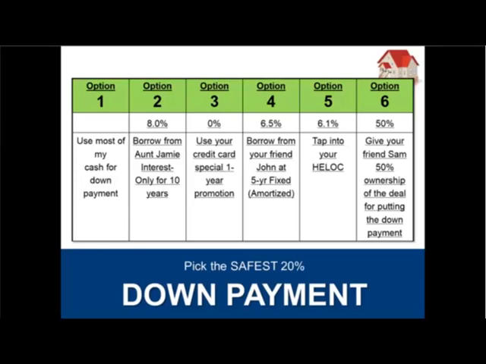Again, you're picking the down payment here. You already picked the 80%. All you're doing is picking the best 20% down payment. 8 seconds left. 7, 6, 5, 4.